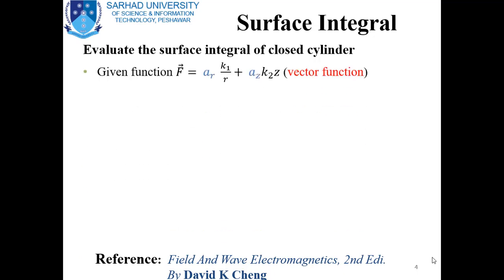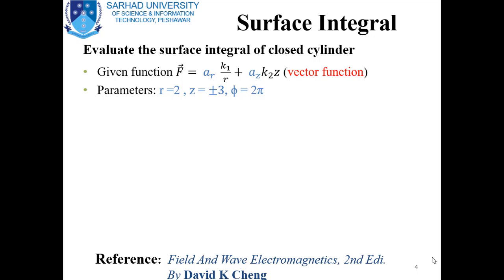The given function f has components a r k1 divided by r plus a z k2 into z. So we will find the variation of this function along a closed cylindrical surface. The parameters for this cylinder, which is given, r is equal to 2.